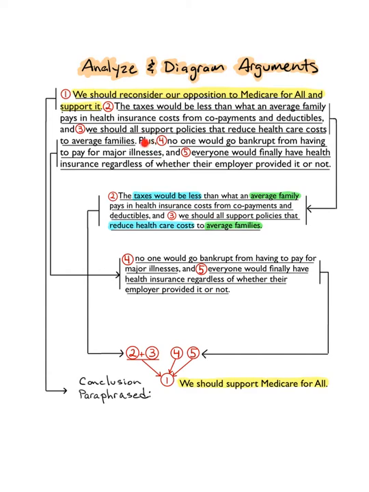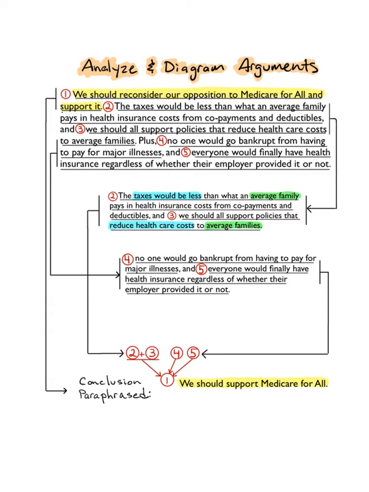Claim 4 starts with the word "plus," which signals to me that the arguer is intending to make a separate claim that's supportive of the conclusion, but separate from what came before. So it says, no one would go bankrupt from having to pay for major illnesses, and everyone would finally have health insurance regardless of whether their employer provided it or not.